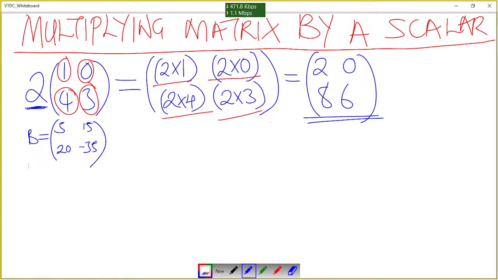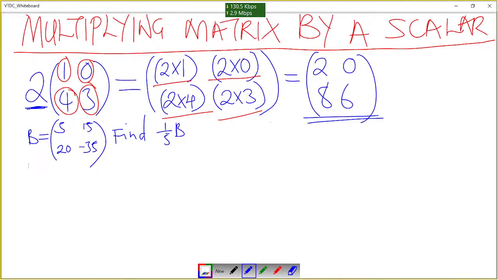That's a matrix. Then in the question they ask you to find 1 over 5b. Find 1 over 5b.